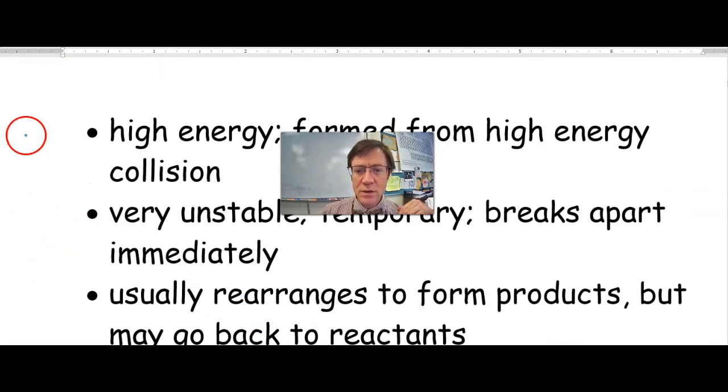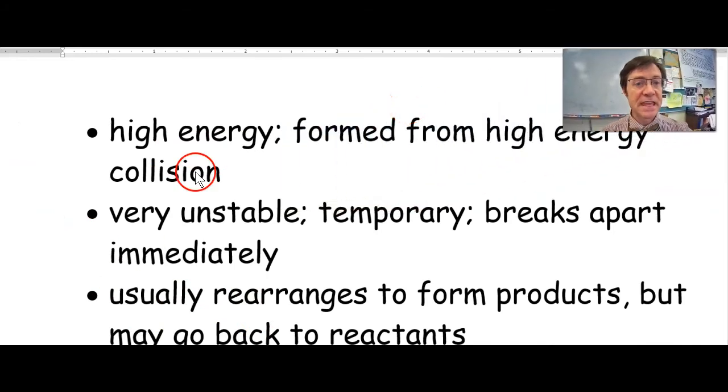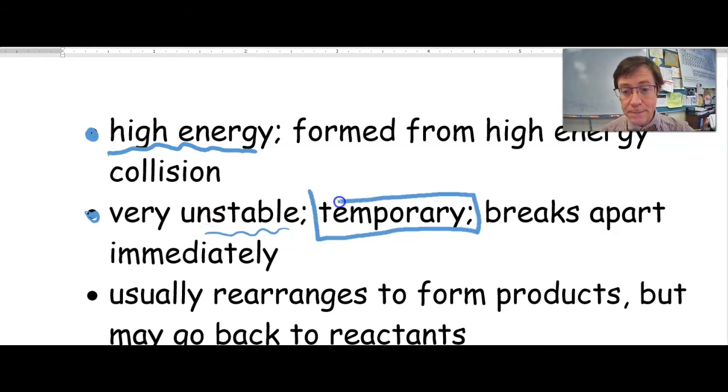Here are some things that we need to know about the activated complex. First, it is very, very high energy. All of the kinetic energy has been converted to potential energy, and it's formed from a high energy collision, so the collision has to have a lot of energy. The second thing we need to know is it is very unstable, which means it will be temporary.